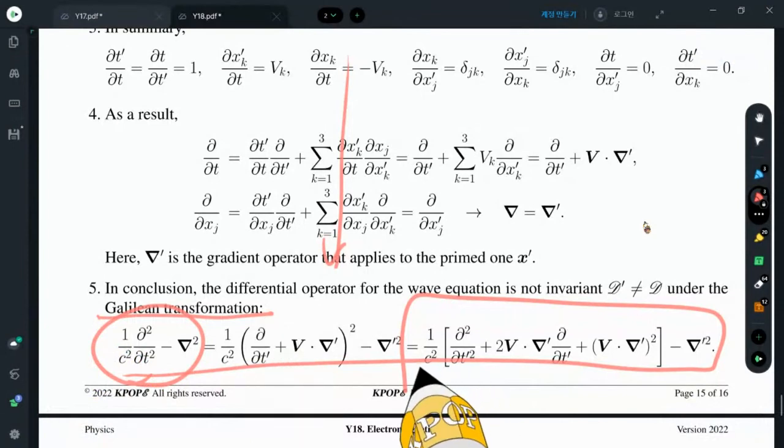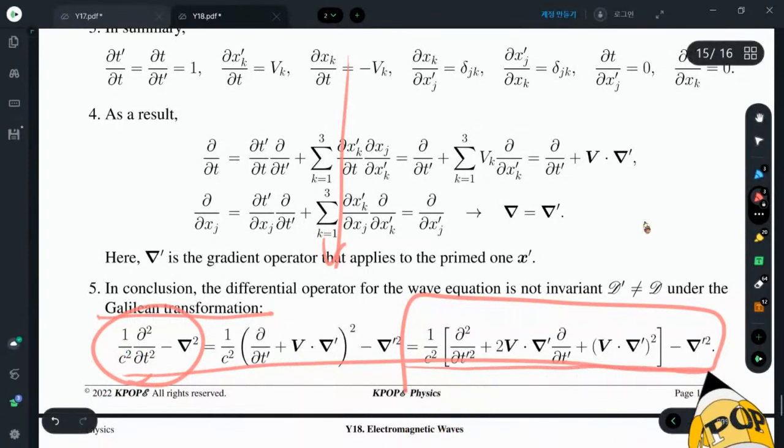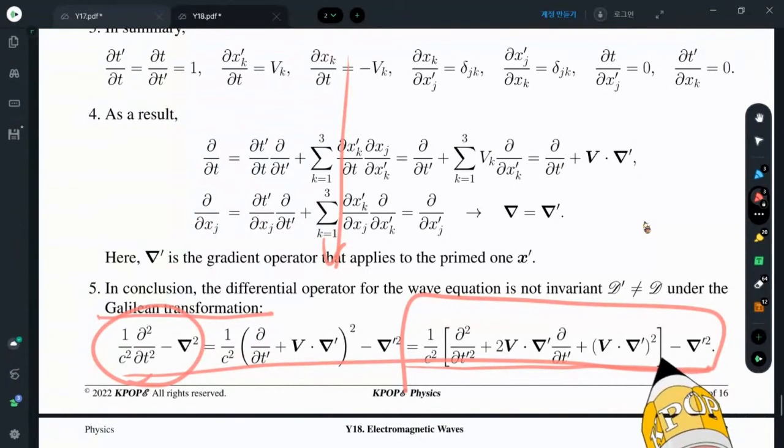This is an explicit counterexample that Galilean transformation is a wrong transformation for the electromagnetic wave. The reason is that the electromagnetic wave travels with the speed of light, and Newtonian mechanics cannot explain anything about any particle that travels with the speed of light or very close to it.